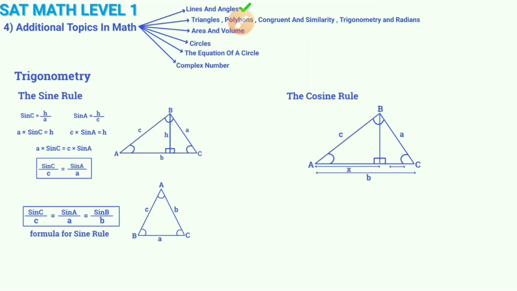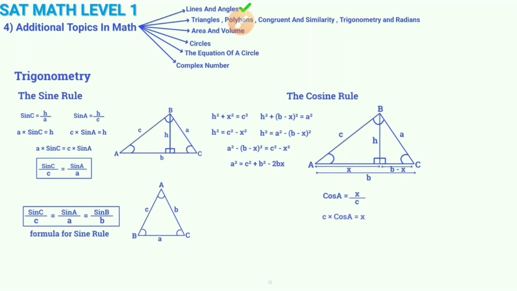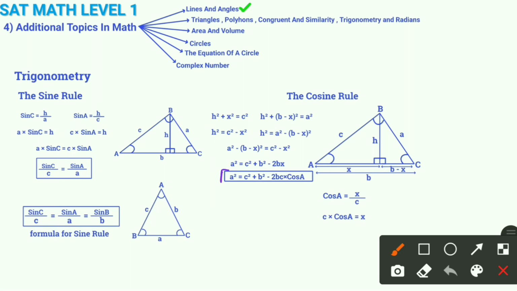As for the cosine rule, there you go, we have found the value. So this is the formula of the cosine rule, and it depends on, let's say that you have the angle a and you have c and b, and you need to find the value of a.